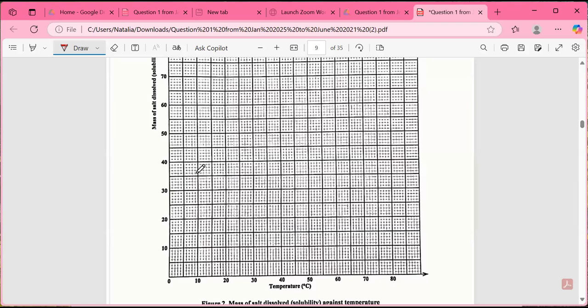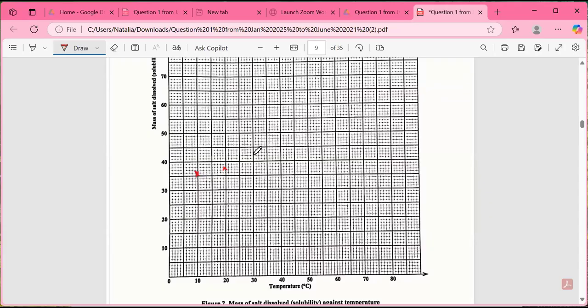So this would be 35, so 36 would be right here. 20 is 38. 38 would be the third small box from 35. 30 is 43.